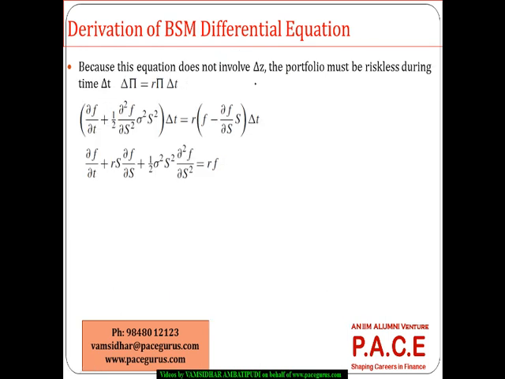And because there is no dz or delta z term, we are saying that the portfolio needs to be riskless. So riskless means the value of the portfolio multiplied by the risk-free rate of return for that time period delta t, overall resulting in matching up with this particular equation, which is called the Black-Scholes-Merton differential equation.